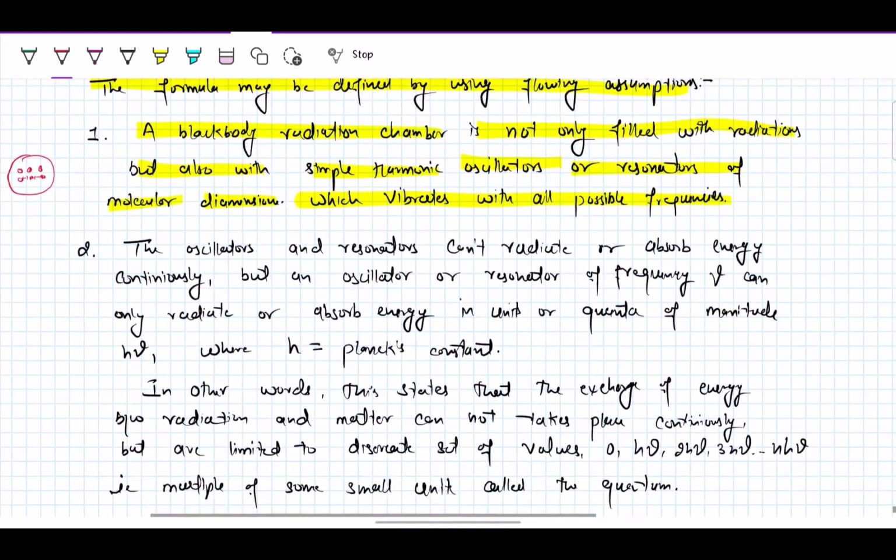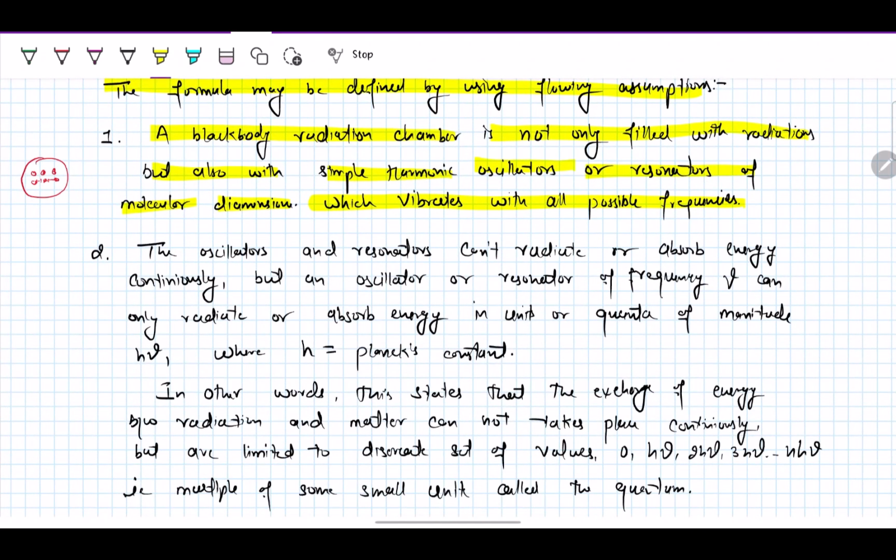And the second assumption made by Planck is that the oscillators or resonators cannot radiate or absorb energy continuously. Okay, but an oscillator or resonator of frequency nu can only radiate or absorb energy in units or quanta. Okay, and the magnitude is h nu.